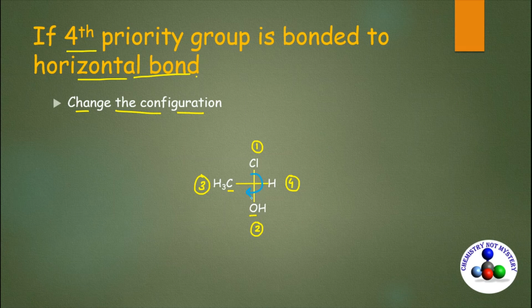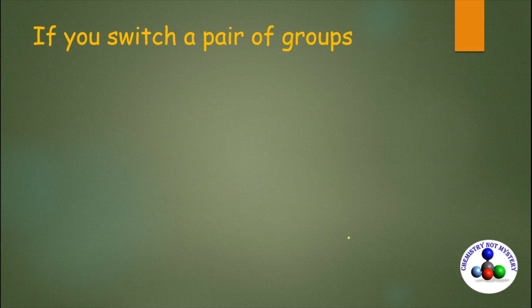So in this way, you will get the configuration of this molecule R, but remember we have to change the configuration because here fourth priority is bonded to the horizontal bond. So R changes to S. So the actual configuration of this molecule is S.